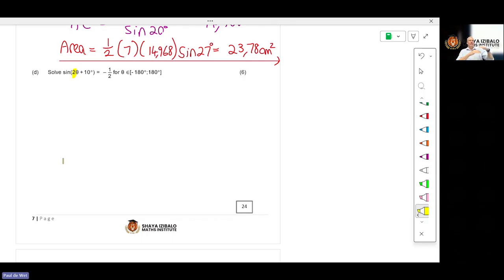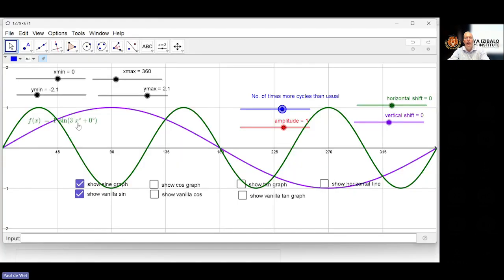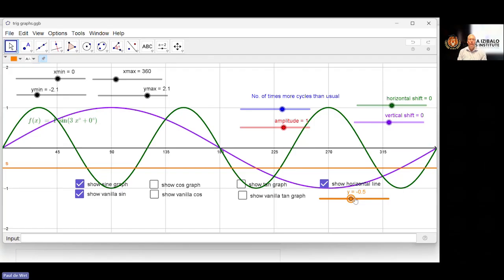I'm seeing someone going like this. It's going to squash it. Will we get more solutions or fewer solutions than normal with this 2 here? Guys, I'm going to go back to my sketch here. Have a look at the purple graph. If I put a value in at -0.5, how often does the purple graph hit that orange line?